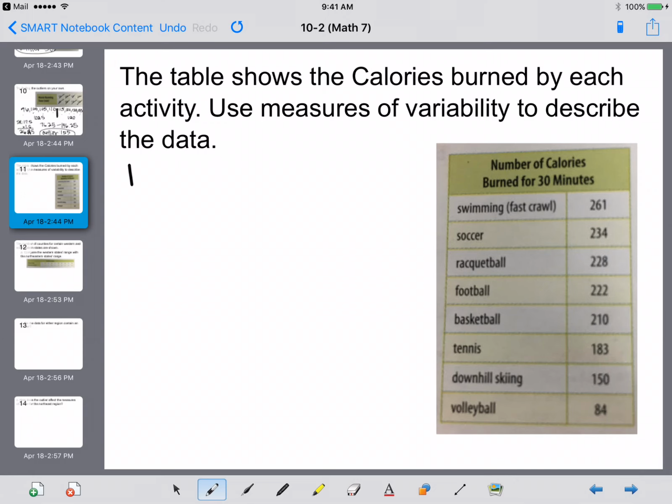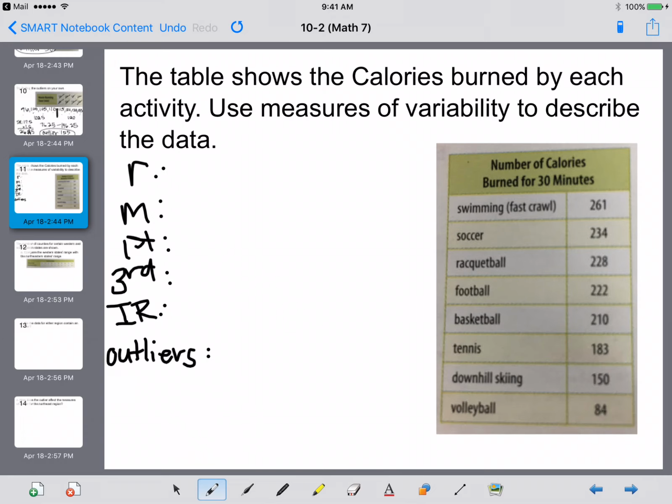So we still want our range and our median and our first quartile and our third quartile. Sorry, that first is really hard to read. And our interquartile range. And we also want to know if there are any outliers.